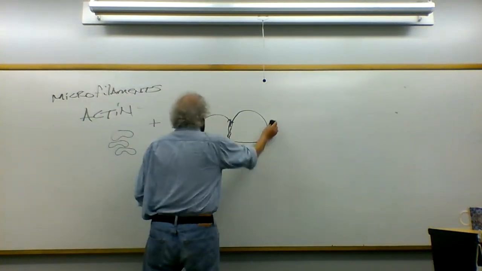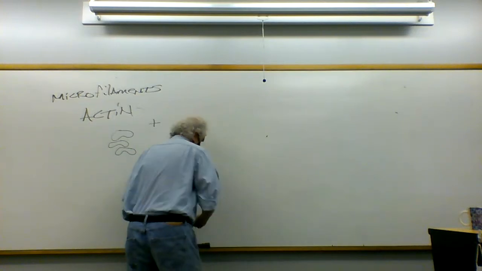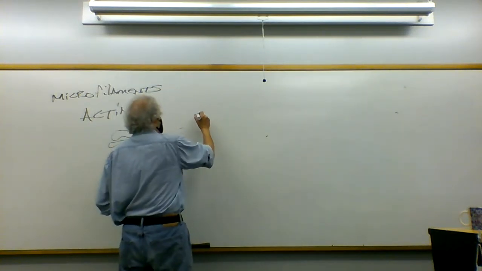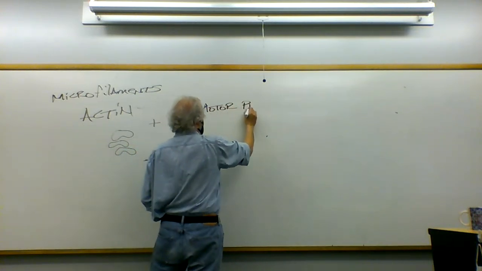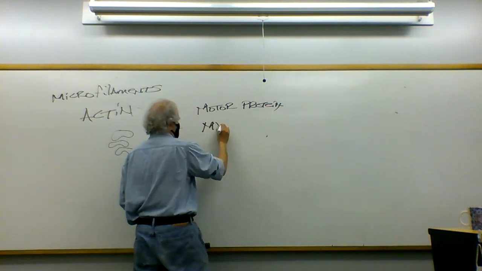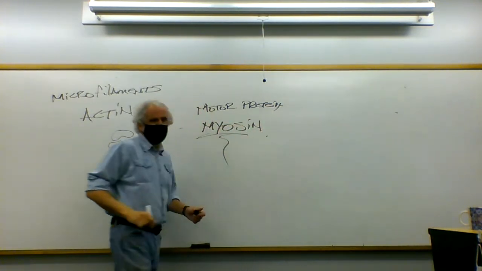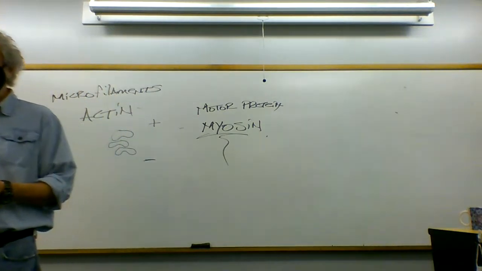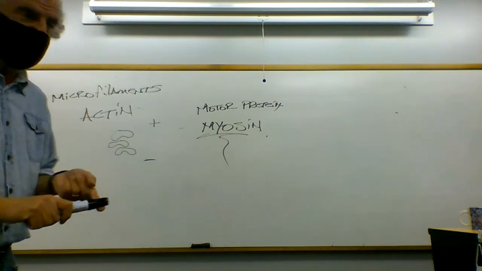There is one major motor protein for actin, and that motor protein is known as myosin. That is the major ATP-dependent motor protein for actin.